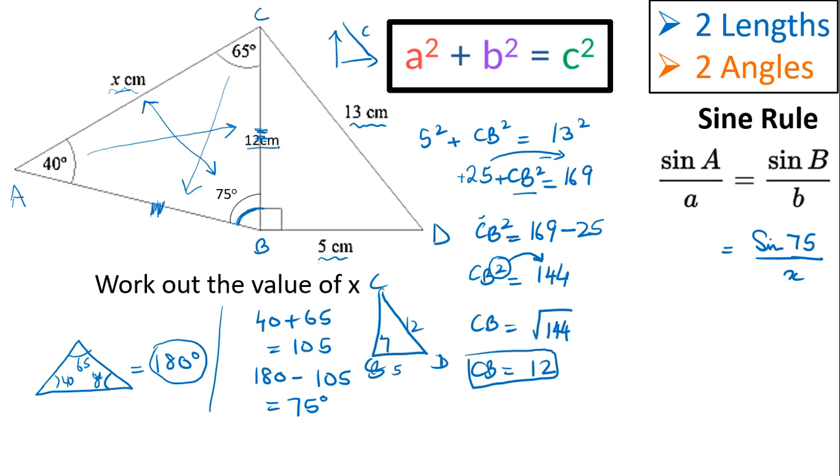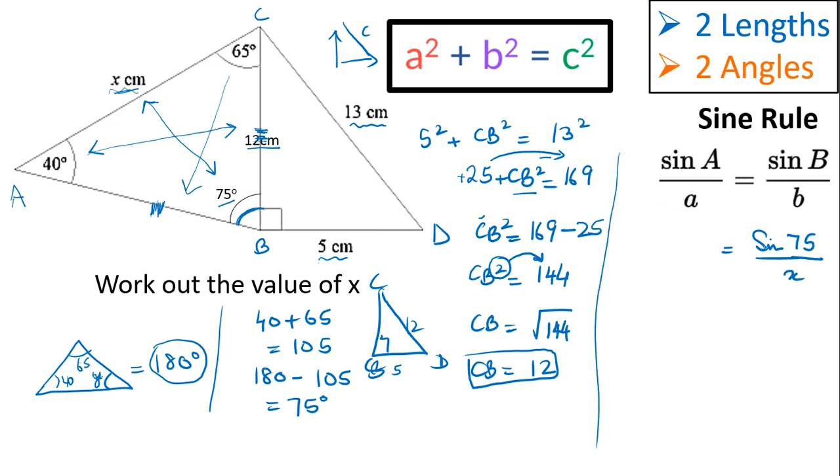So I have this one as 12 centimeters, and I have this angle as 75. The one opposite to that is x, and now that I've got my 12, the angle right opposite to that is 40. Therefore, we're now pretty close to finding our x.